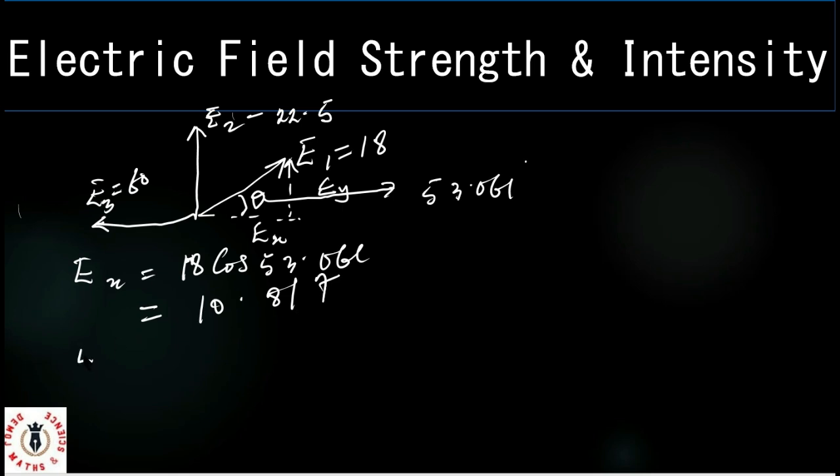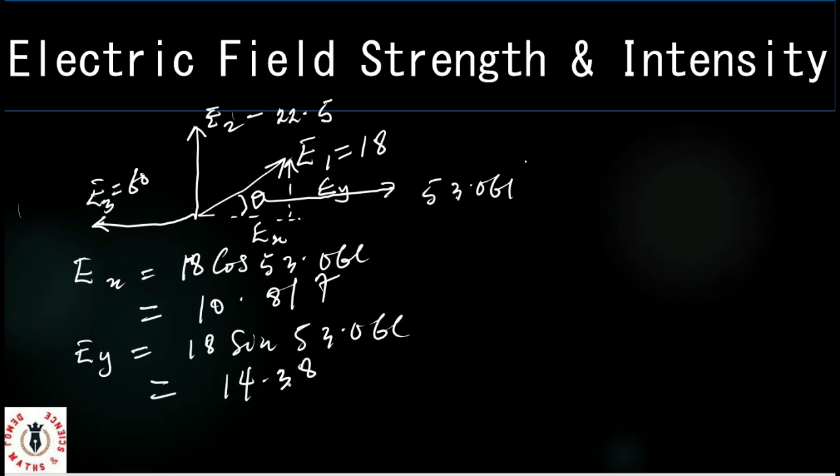And my EY will be the same thing as 18 sine 53.061. So my EY is 14.38. Now, let's resolve this diagram to now begin to look like this.